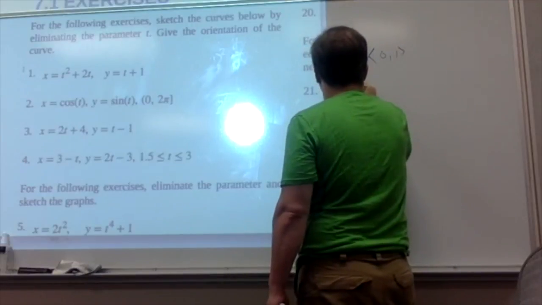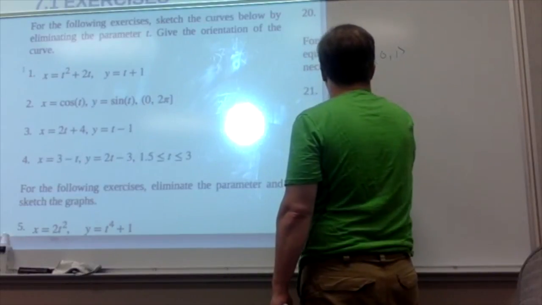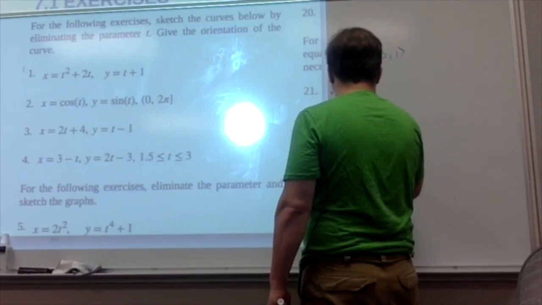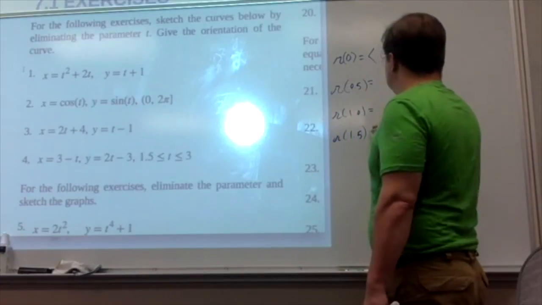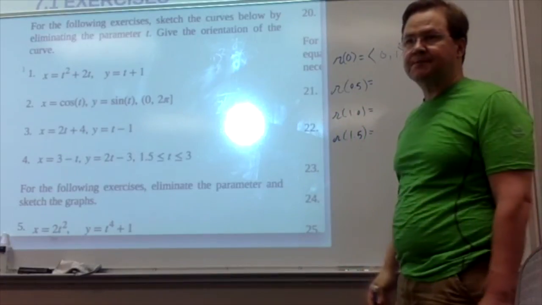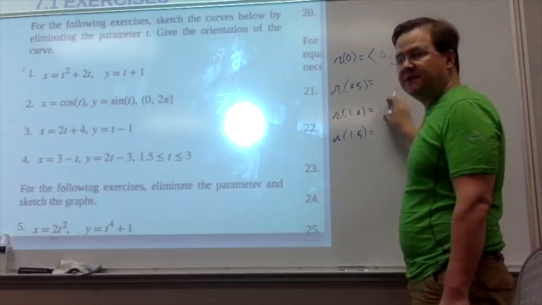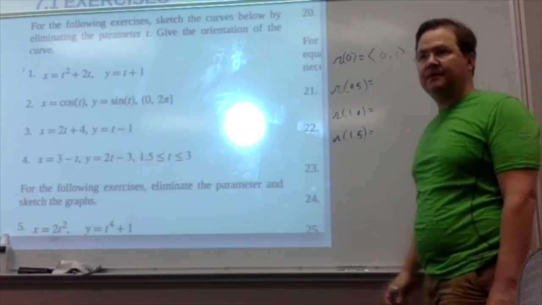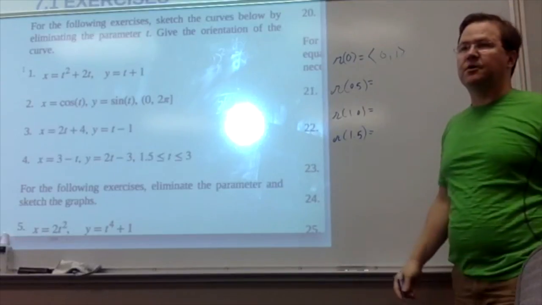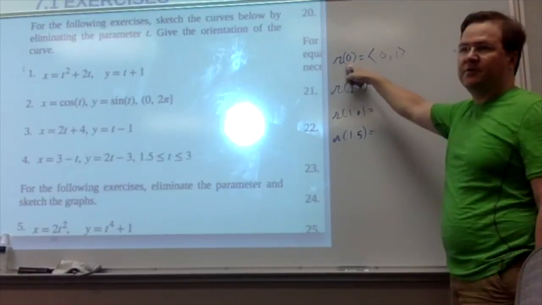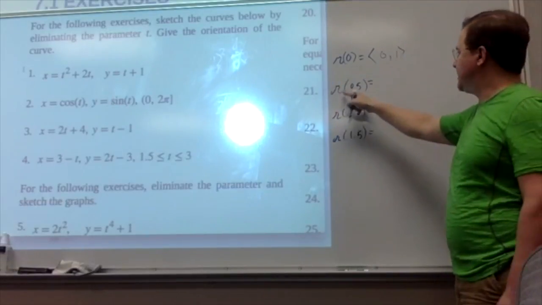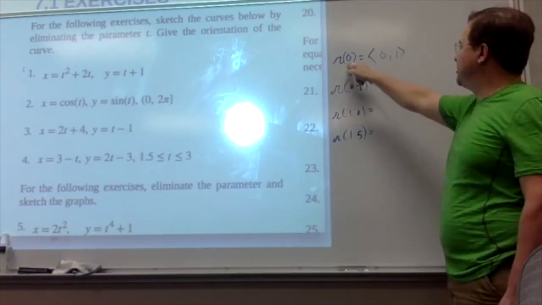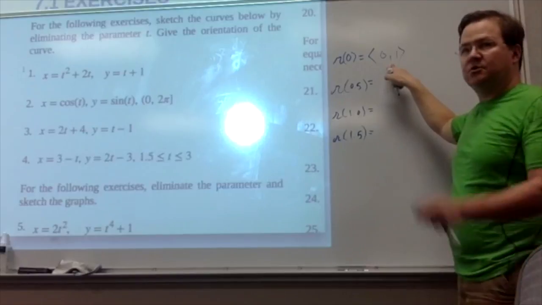As the parameter increases, you're going to get a sequence of vectors that are pointing to different points on the curve. So when the parameter is 0, the vector is pointing from the origin to a point on the curve.